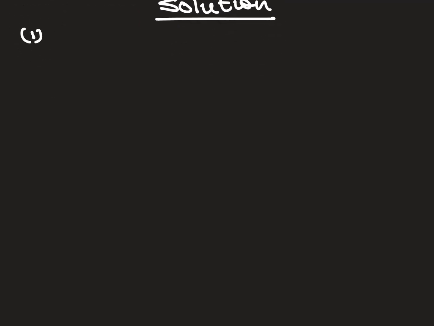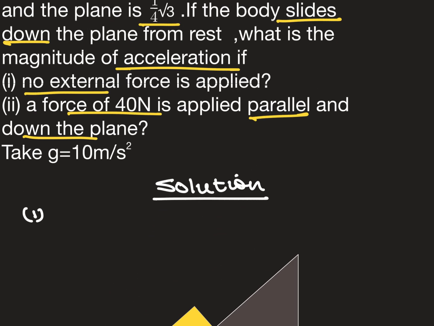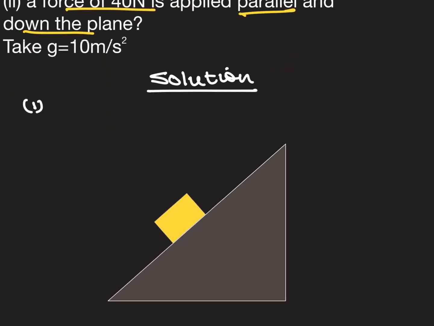The first thing I will do is bring the diagram. So this is the diagram, and it says a body of mass 16 kilograms. So the mass of the body is 16 kilograms, resting on an inclined plane that is inclined at 30 degrees to the horizontal. To complete the diagram, we need to include the forces.